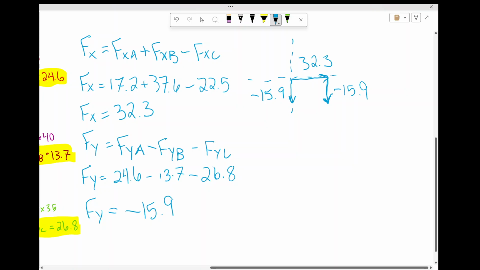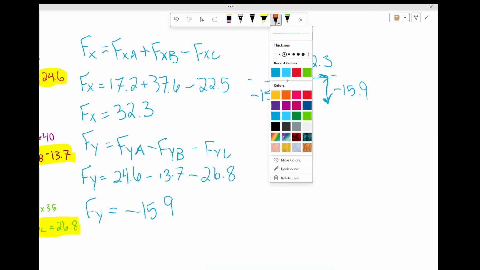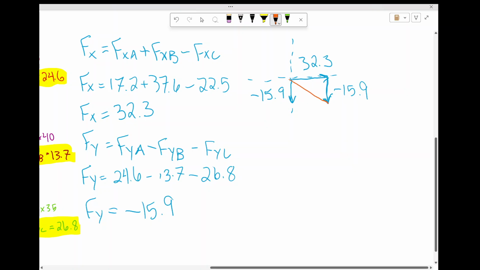Then my end result, orange sounds good, my end result would be this, and that's going to be F. So redrawing my triangle, that looks good. So 32.3, and we're going to leave off the negative sign here. So 15.9, and we'll call that F.